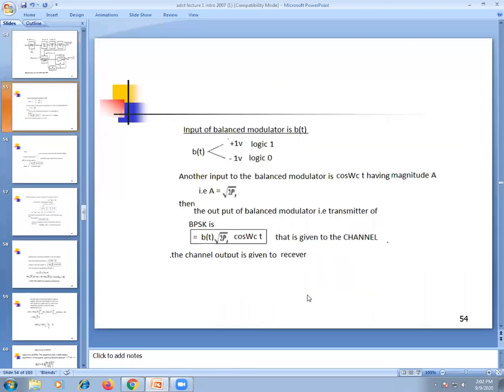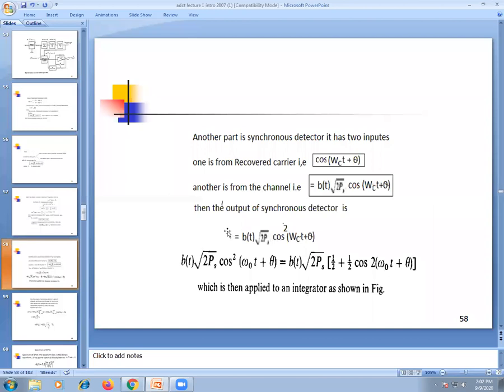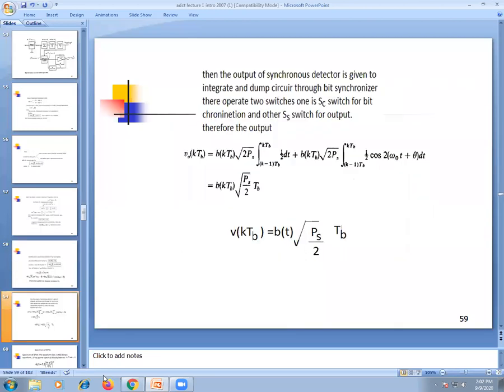The output of the synchronous detector is given to the integrate and dump circuit through the bit synchronizer.